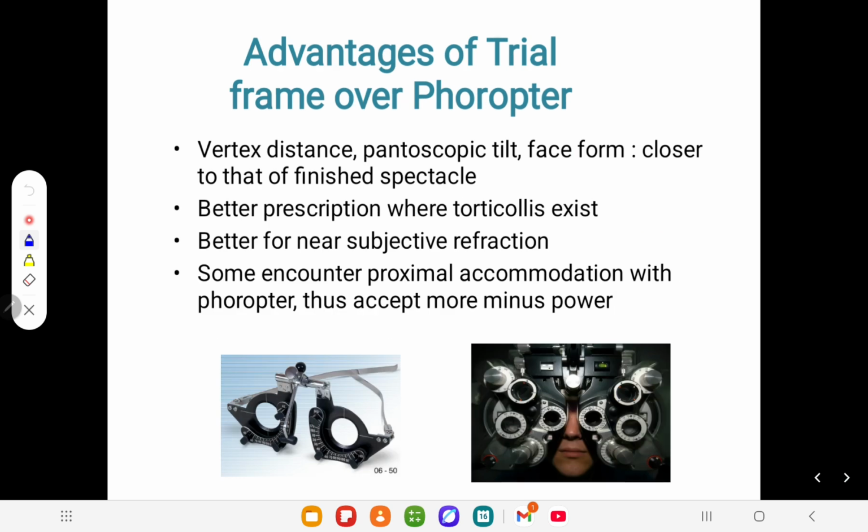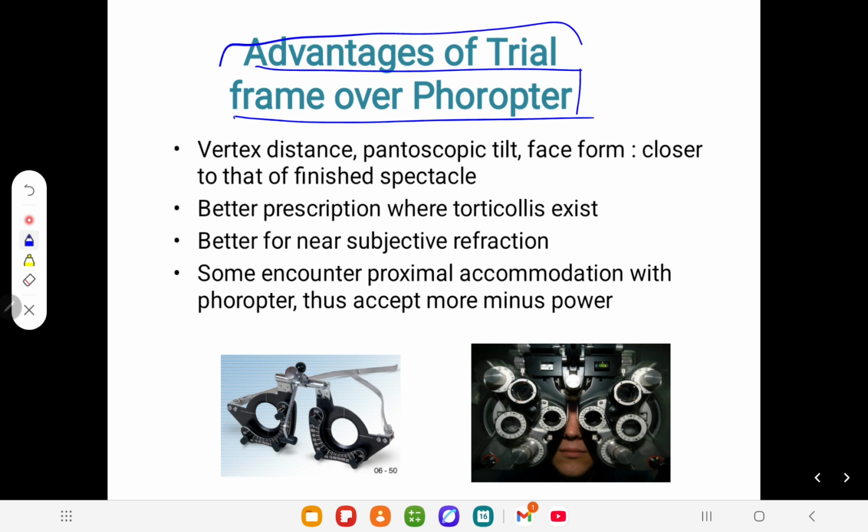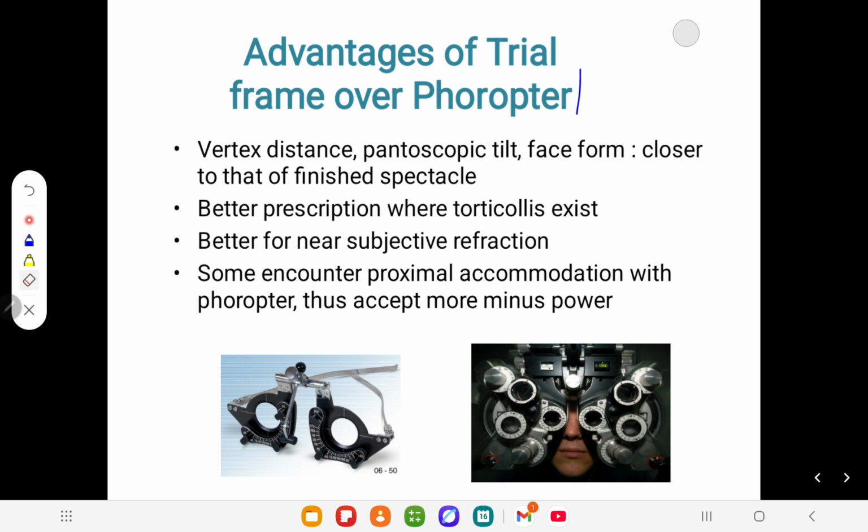So what is the advantage of trial frame over the phoropter? This is far more important when we deal with low vision refraction. I will discuss that later, but in low vision refraction the advantage of the trial frame over the phoropter is huge. Definitely, here too we will discuss.